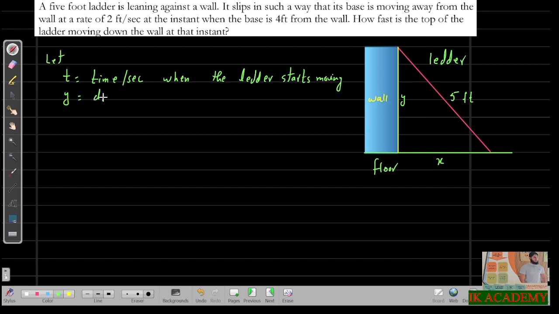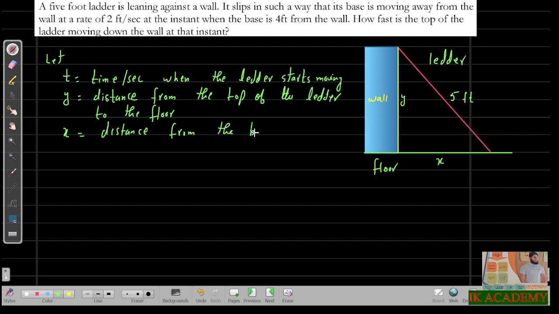Let x be the distance from the base of the ladder to the wall.